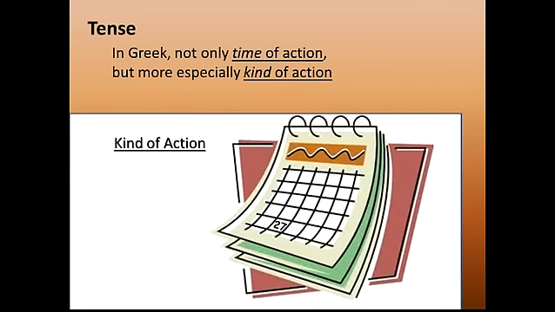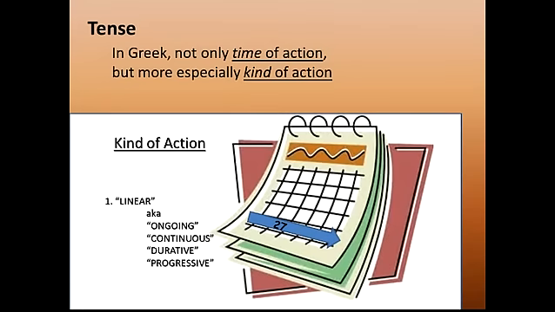Well, let's go back to our calendar here, and again, supposing today is the 27th day of the month, we're going to talk about one kind of action that we can describe as linear. That is action that is ongoing. It's continuous. We might say it is durative or progressive.